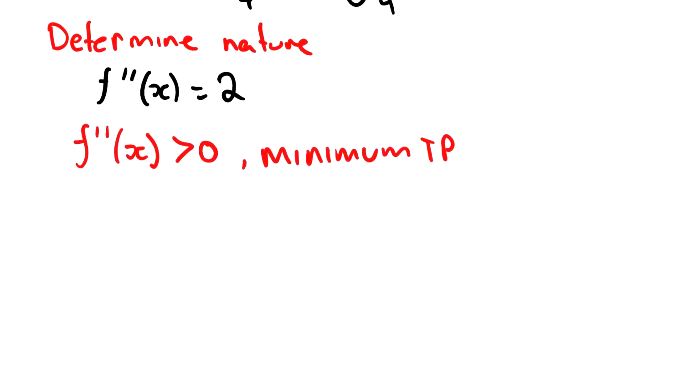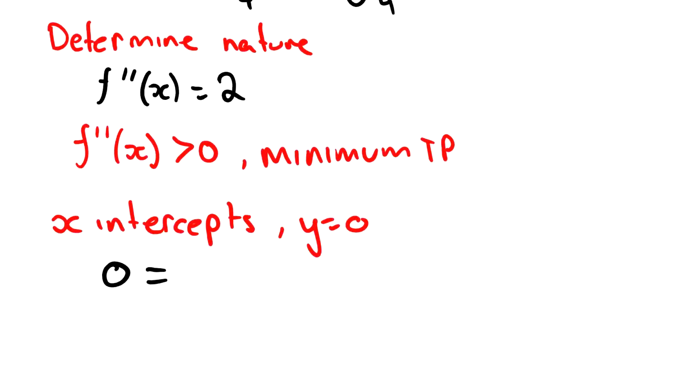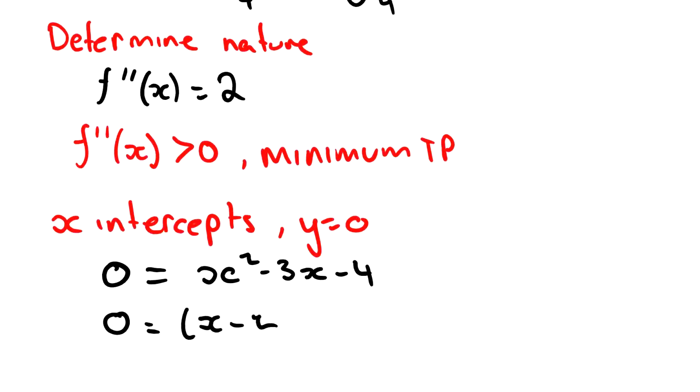The question also told us to find our intercepts, so let's start by finding our x-intercepts. That occurs when y is 0. If we change our function to 0 equals x squared minus 3x minus 4, we can factorize this. If you want to use the quadratic formula, you can, but essentially you'll get (x minus 4)(x plus 1).